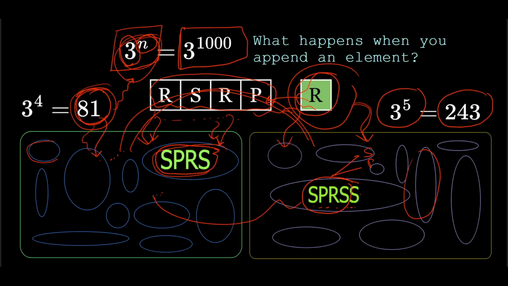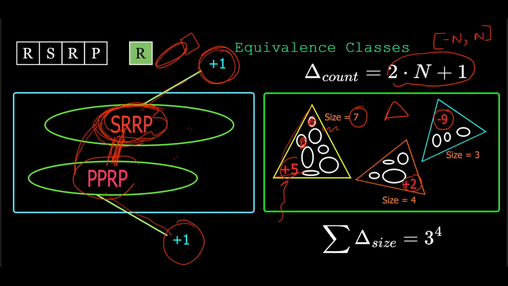So now from this 81 we are down to just 2 times n plus 1. So we have reduced the number of elements that we need to track by a huge amount, because previously it was exponential, now it is just linear. And we only need to track the number of ellipses, which is essentially the size of this triangle, which is 7. And you will notice that each ellipse will essentially land inside one of these triangles uniquely.